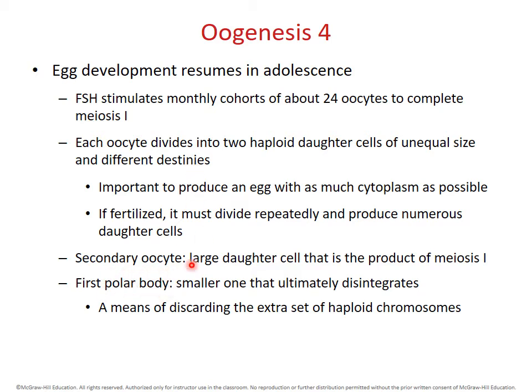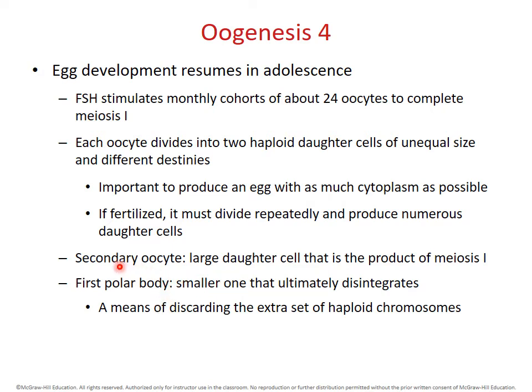And so she's forced into having this unequal division and producing only one large oocyte, the secondary oocyte, and this is going to be the functional cell from the first meiotic division. So she's trying to produce one cell with as much cytoplasm as possible, and the second cell is just a castaway, really, and that's the polar body.